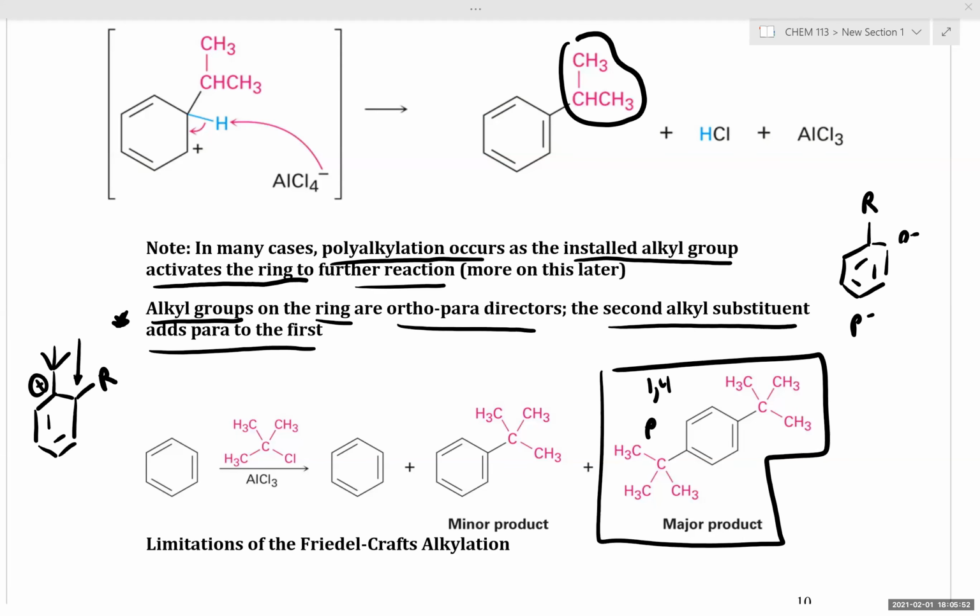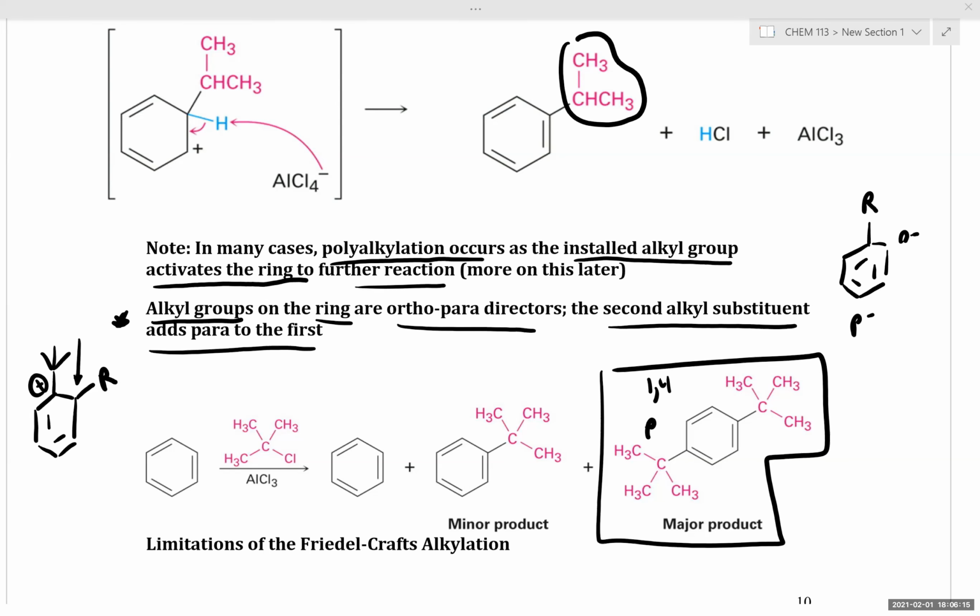Essentially, different functionalities on your aromatic ring can stabilize carbocations at different spots on the aromatic ring, and in turn promote reaction at ortho, para, or meta positions, depending on the functional group's electronic character. Does that answer your question? Yeah, thank you.